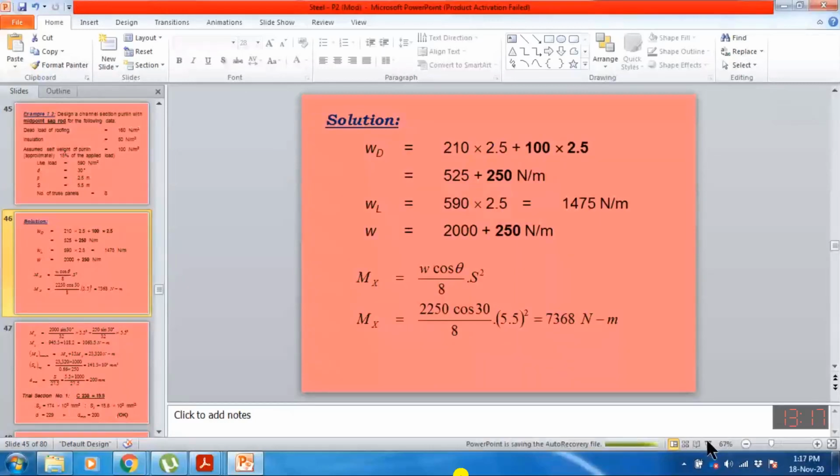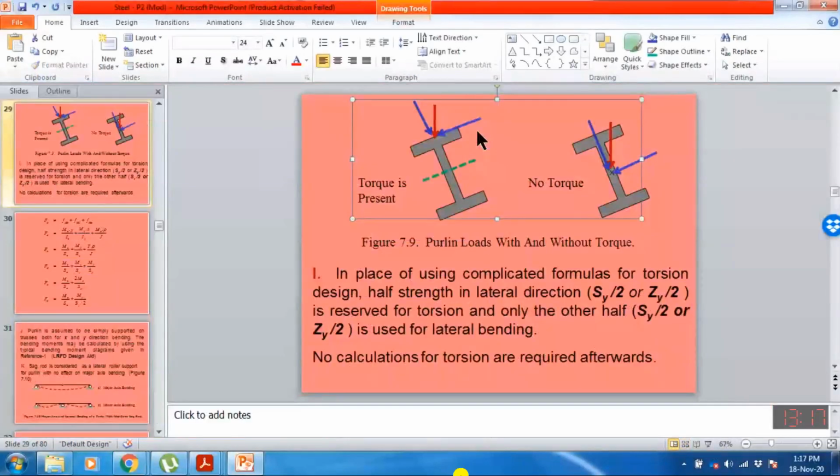here, this red line is the gravity load. If we resolve this load into two components, one component acts along the x-axis and one along the y-axis. The component acting along the y-axis produces the moment about x-axis, and the component parallel to the x-axis produces the moment about y-axis.